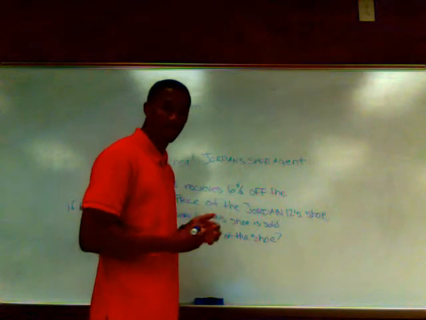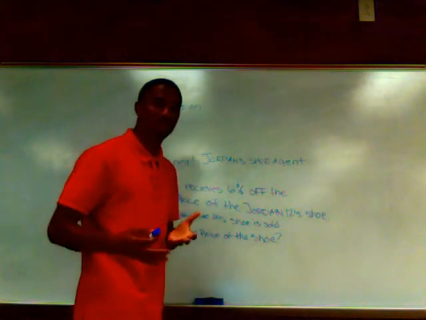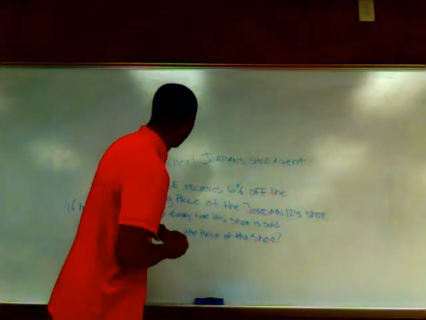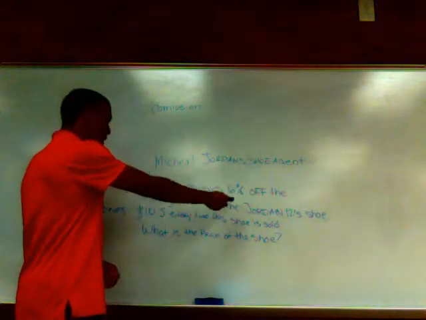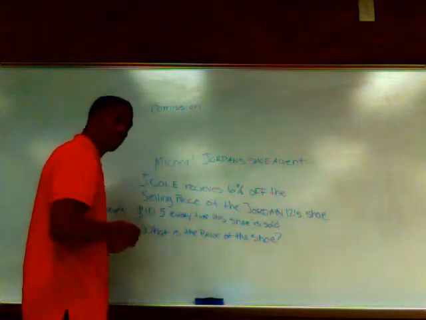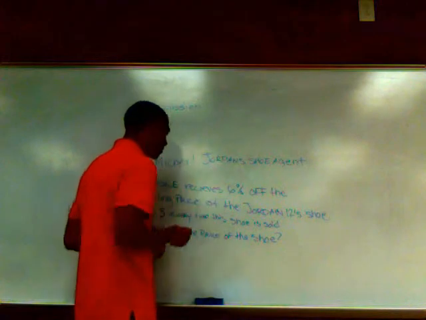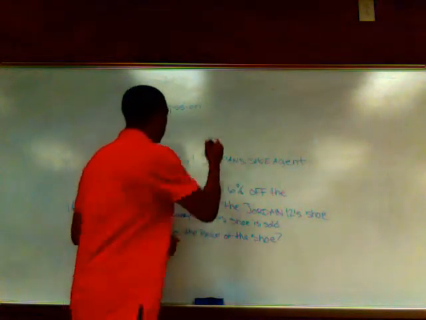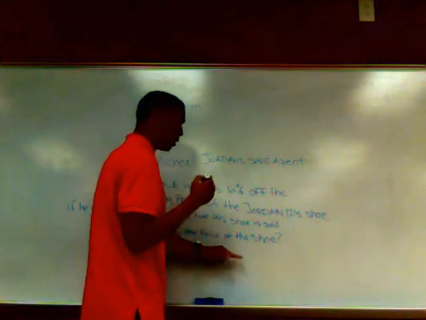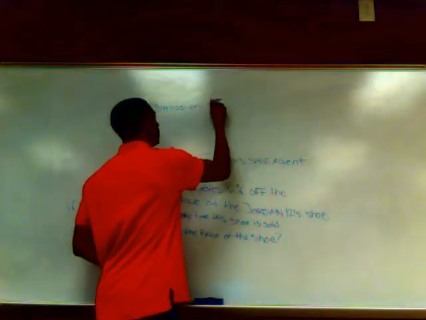It's like a real estate agent. A real estate agent helps someone sell a home. In this case, J. Cole helped Michael Jordan sell his shoes. So he received 6% commission off the shoe.